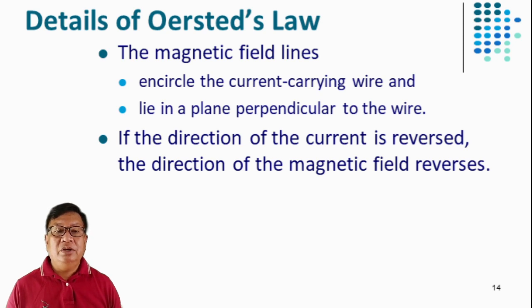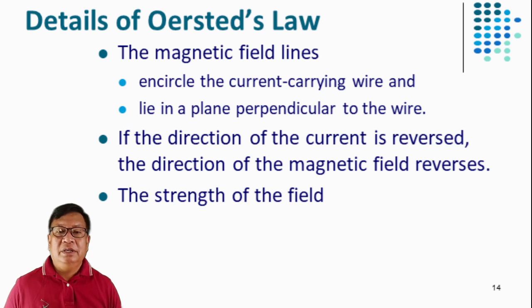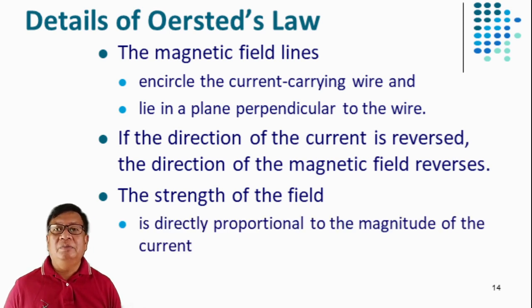If the direction of the current is reversed, the direction of the magnetic field also reverses. So take note, kung ano pong mangyayari sa kuryente natin, iyon din po mangyayari sa ating magnetic field. If current reverses its direction, your magnetic field also reverses its direction. The strength of the field is directly proportional to the magnitude of the current.